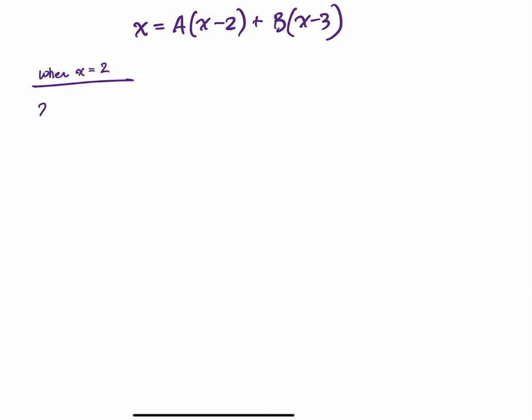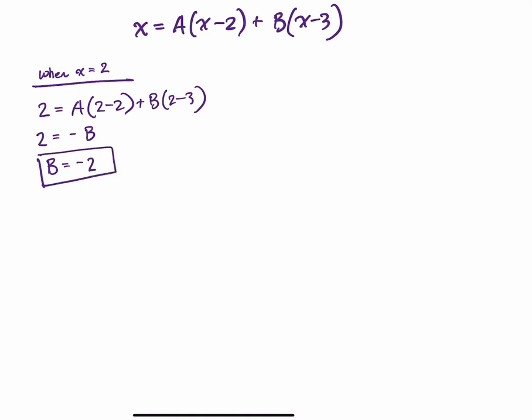That would give us 2 is equal to a times 2 minus 2 plus b times 2 minus 3. So 2 will equal 0a minus 1b. And this gives us our b equal to negative 2. And we can do the same thing for our b term.